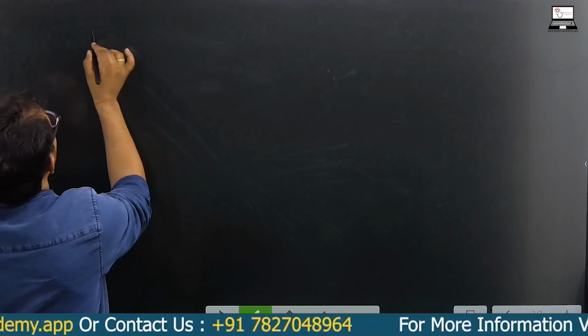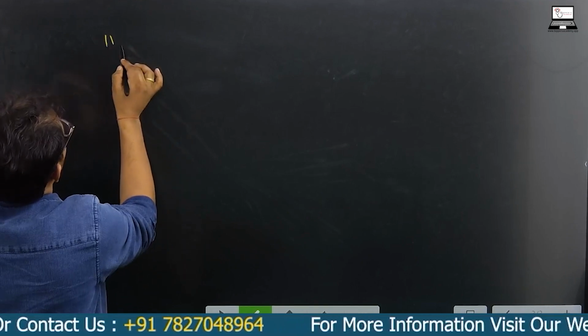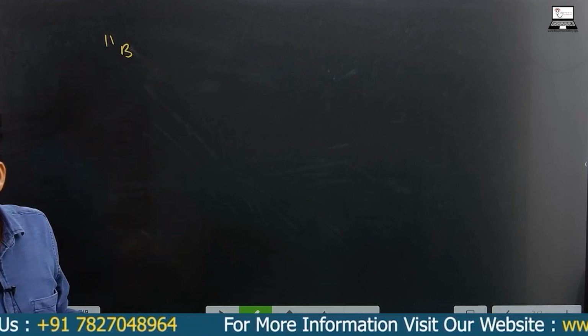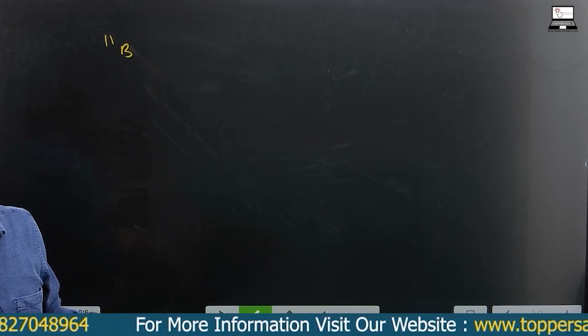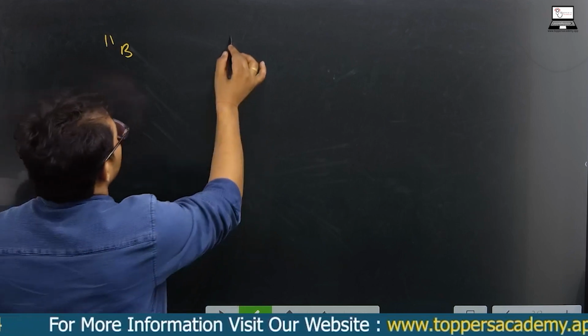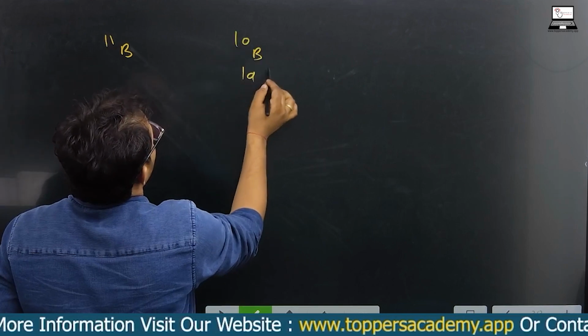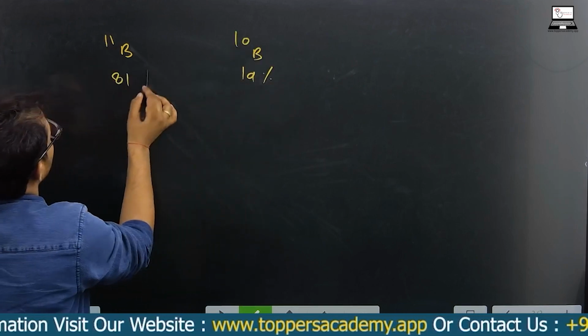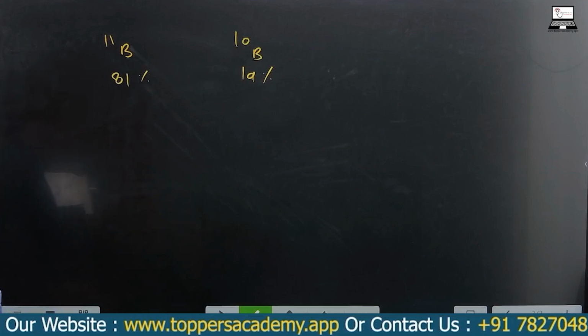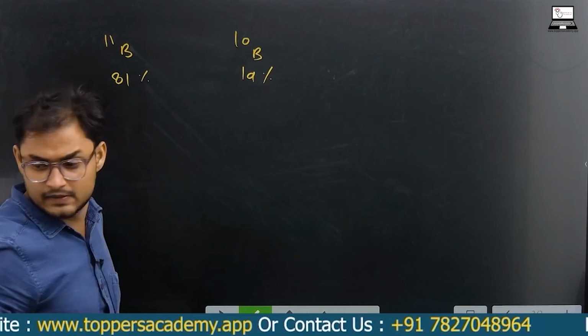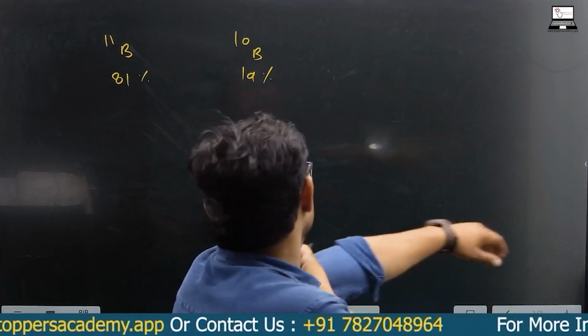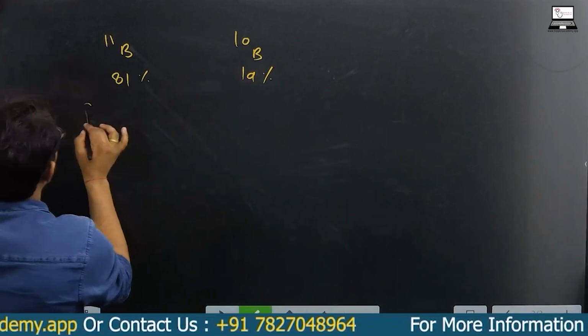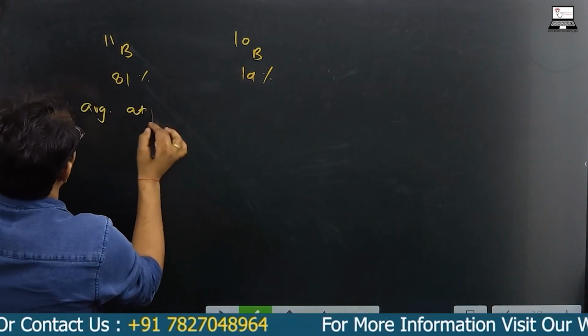Here it is given 11 boron and 10 boron. 10 boron has 19 percent and 11 boron has 81 percent abundance, right? Now I have to find the average atomic mass.